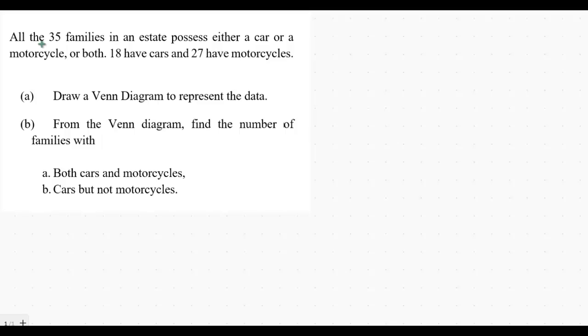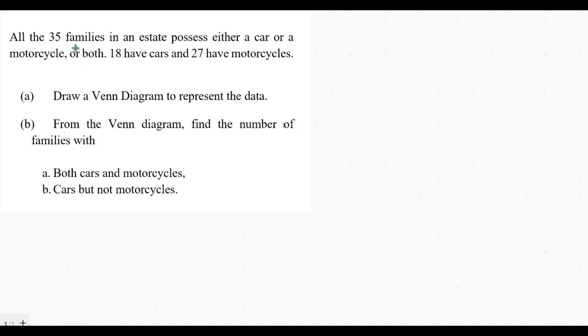From this statement you can see that all the 35 families in an estate possess either a car or a motorcycle or both. So we know there is no family which has neither car nor motorcycle. Every family must have either a car or a motorcycle, or they may have both.